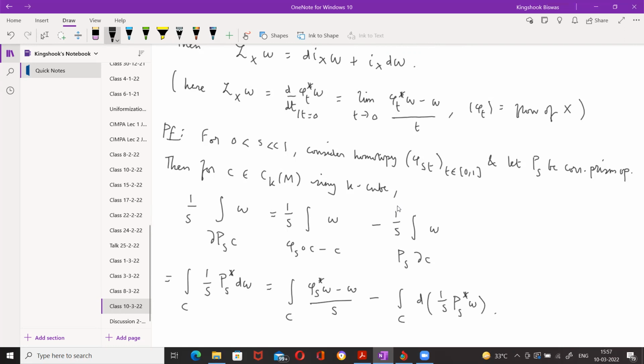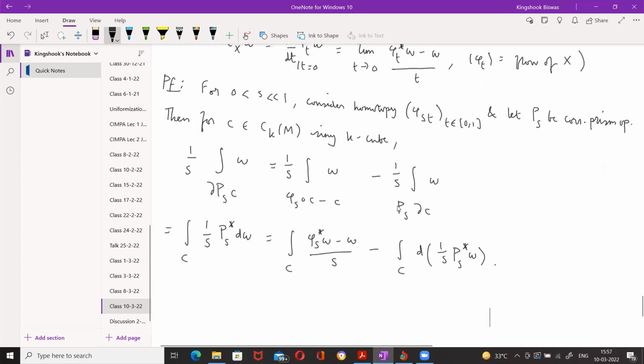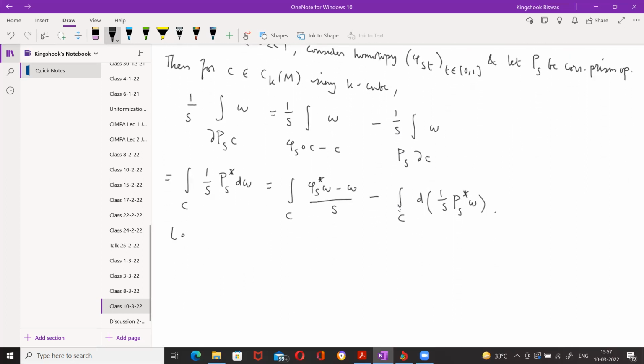Now letting s tend to 0, we get: this 1 by s P_s star of anything converges to i_X of that, right? So this will become the integral over c of i_X of d omega. And this (phi_s star omega minus omega) over s converges to the Lie derivative by definition.